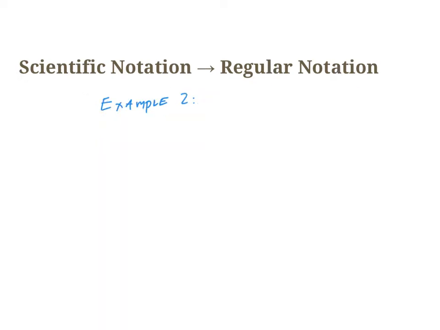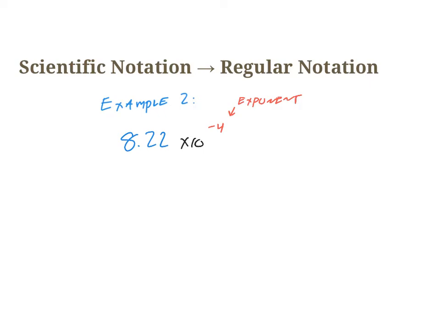Another example, example number 2, is 8.22 times 10 to the negative 4. That negative 4, my exponent, tells me that I have to move the decimal to the left.